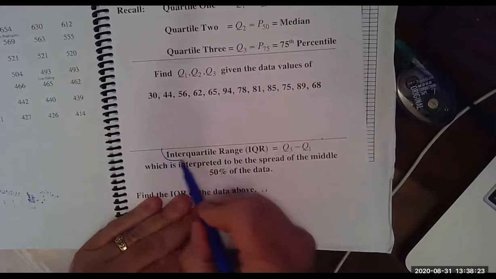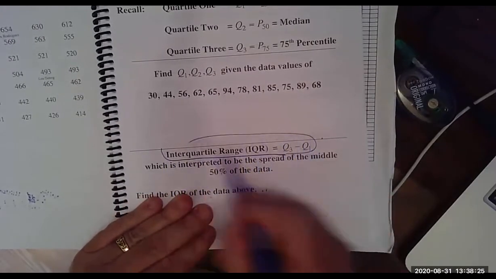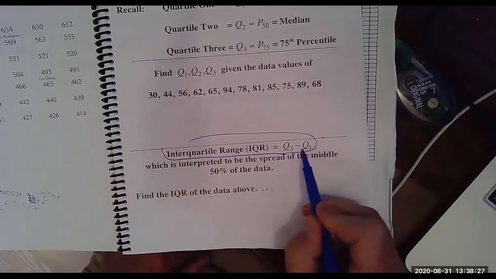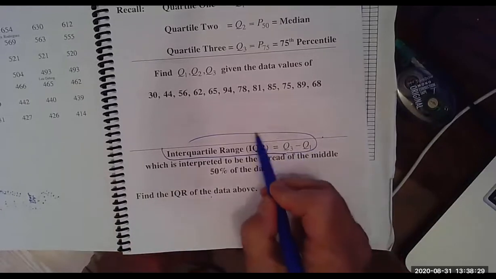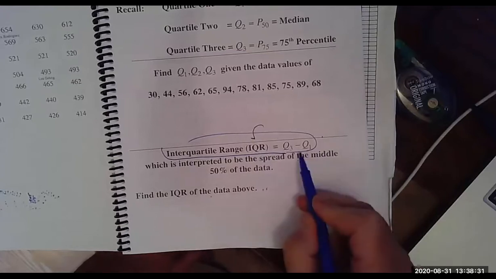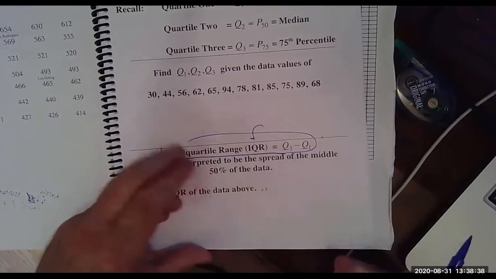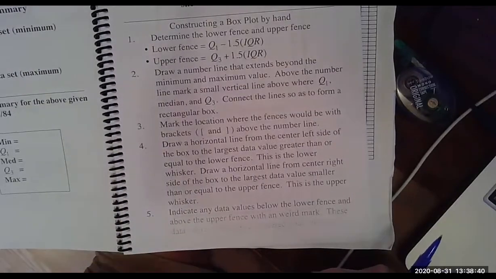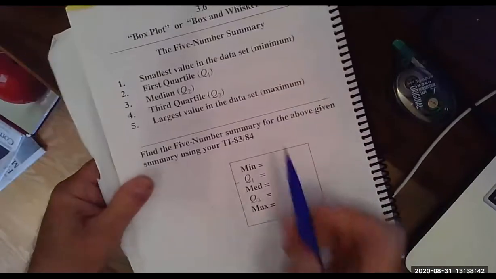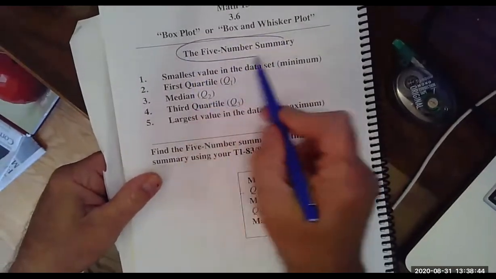Interquartile range is pretty easy. It comes from the calculator. That's a symbol. Interquartile range comes from your packet in the back. It's the difference between Q3 and Q1, and you get that from your calculator. That's easy. Over here, information about the 5-number summary.